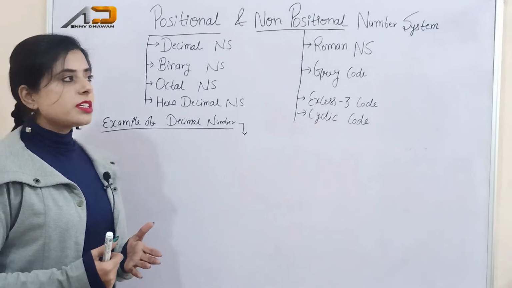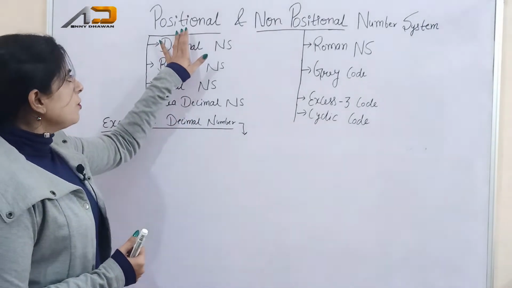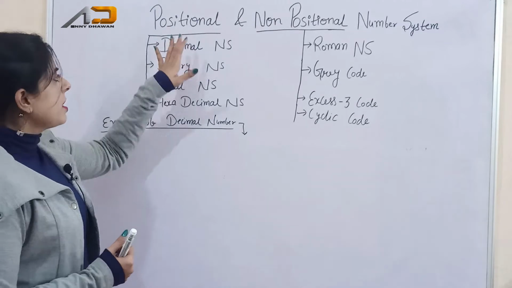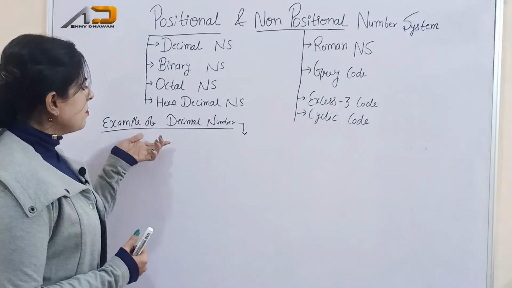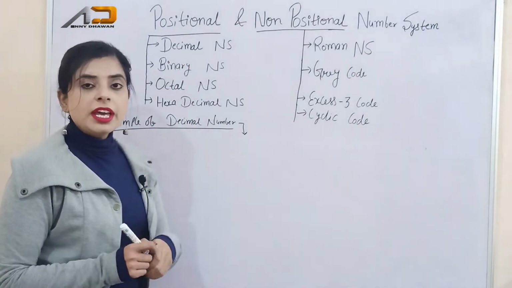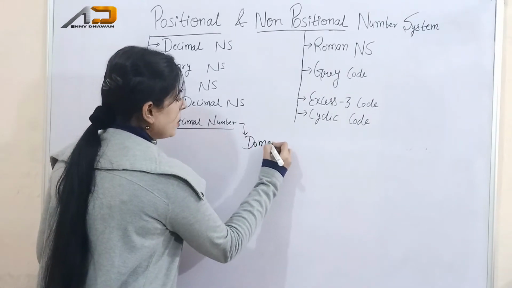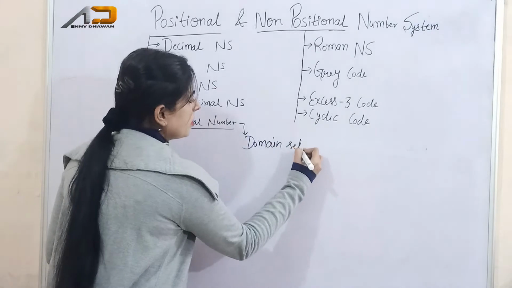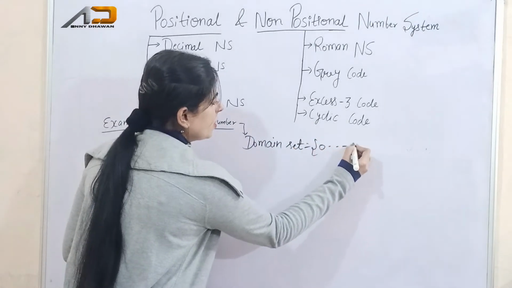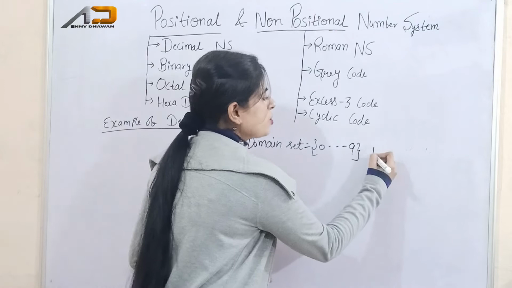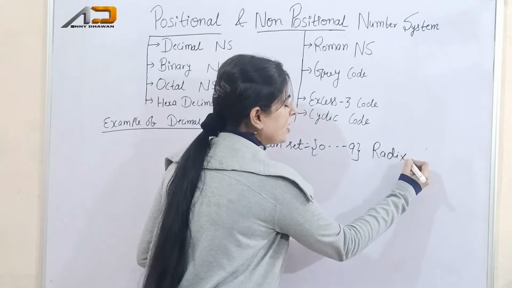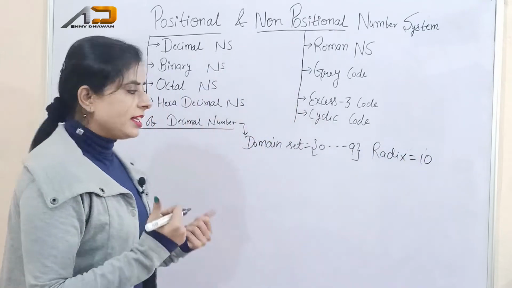Now let's first understand the definition of positional number system, and I am going to take the example of decimal number system first. You all know that the domain set of decimal number system contains 0 to 9 digits, and so the radix of decimal number system is 10 here.